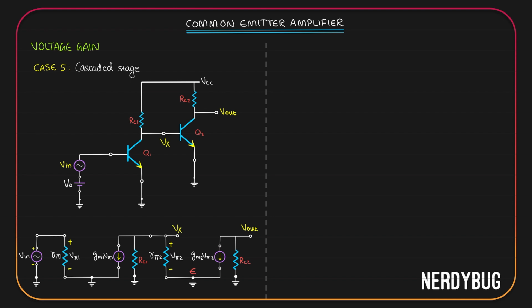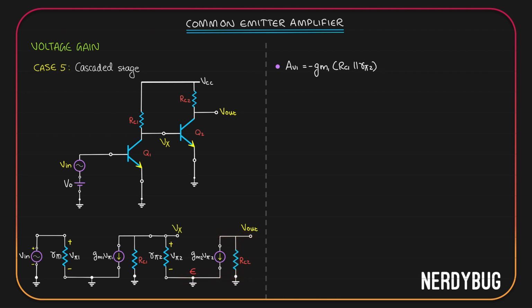Let us write it down. Now take a look at the second stage. We have this much. This is also the small signal model of a normal common emitter amplifier. So the gain is going to be minus gm times whatever is the equivalent resistance it has between the collector and emitter. Here is its collector, here is the emitter. The only resistance I can see is RC2.